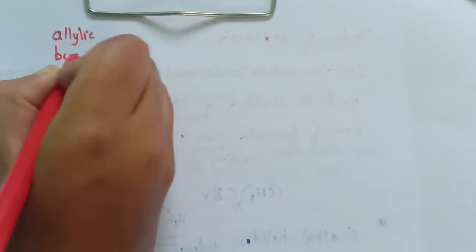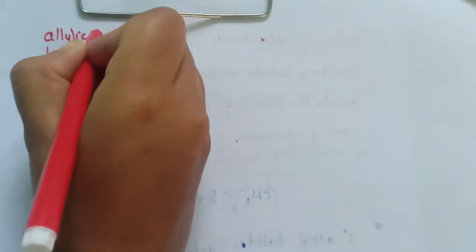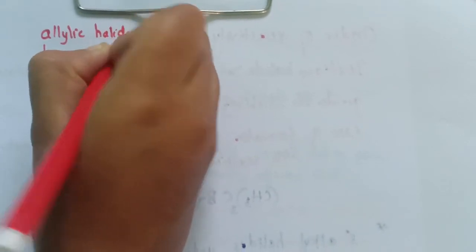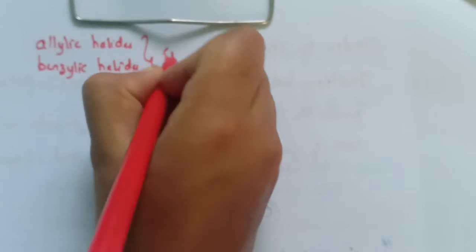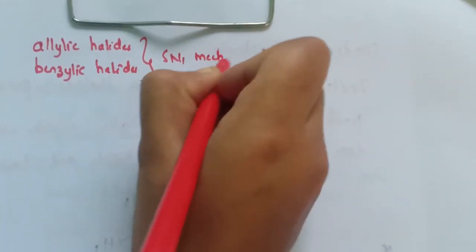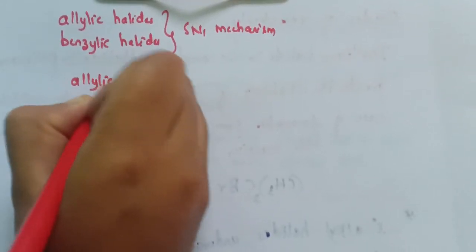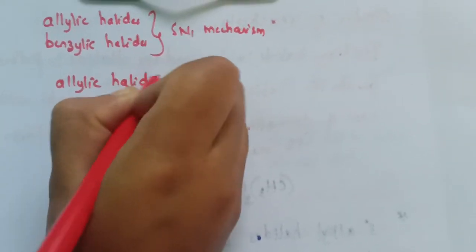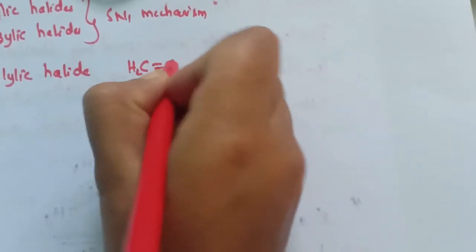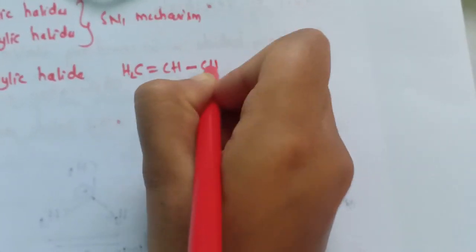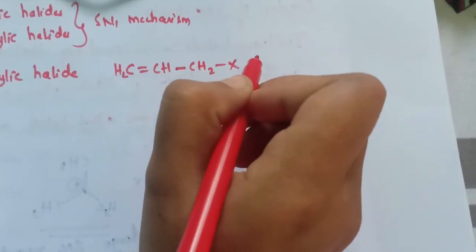Allylic and benzylic halides show high reactivity towards the Sn1 mechanism. Do you know what an allylic halide is? I will just write it here: CH2=CH-CH2X.